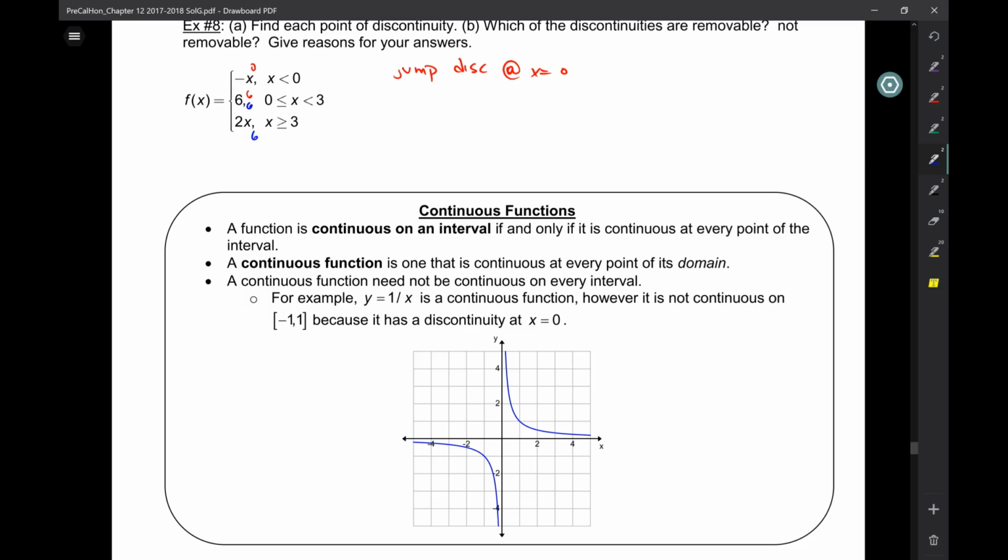Now, hang on. There's nothing to say here. A continuous function is continuous. If a function is continuous on an interval, it's continuous at every single point. Now, take a look here. A continuous function is continuous at every point of its domain.